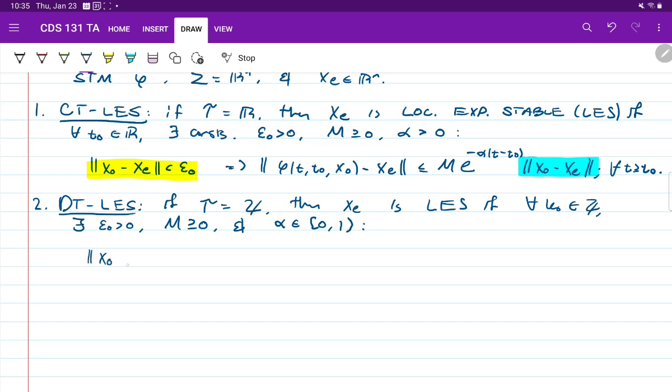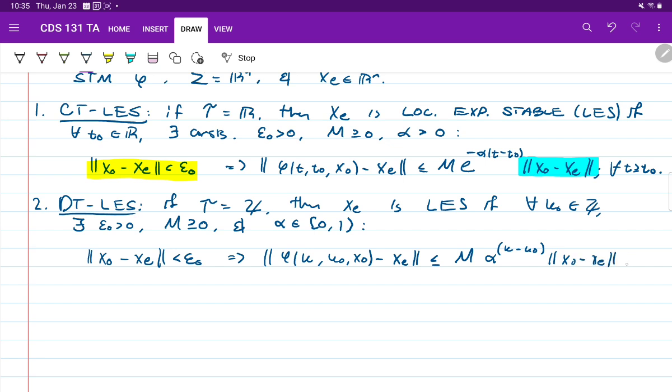So first we have locality, x naught minus xe less than epsilon naught. This implies phi of k, k naught, x naught minus x equilibrium is less than or equal to M times alpha to the k minus k naught times your norm of x naught minus xe. And this should hold for all k greater than or equal to k naught.